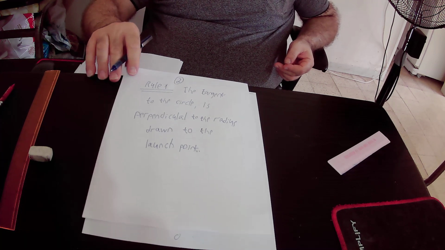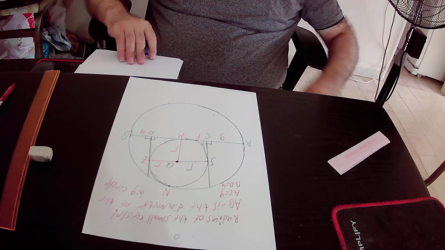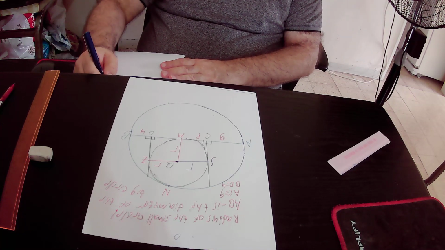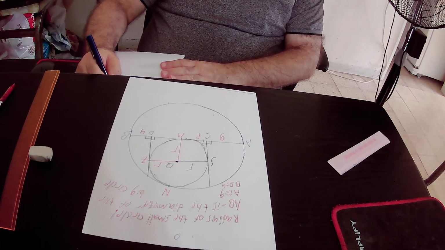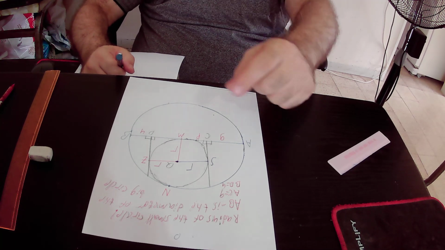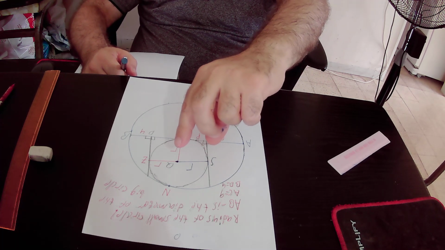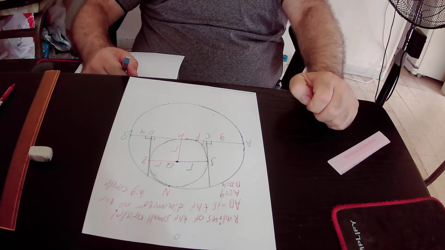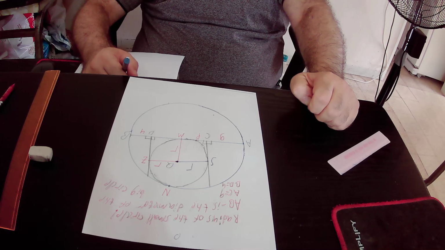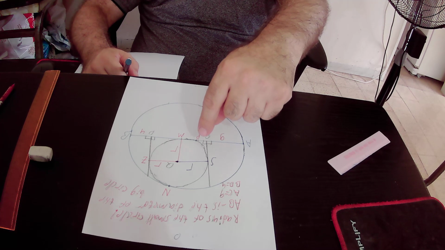So, according to rule number 1, whenever you draw a radius to the tangent point, like in this example, then the tangent will be perpendicular to that radius.